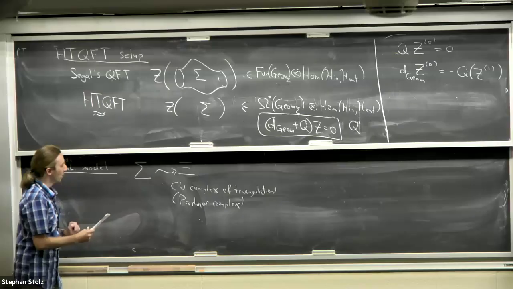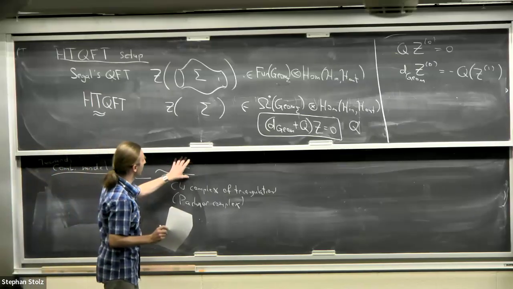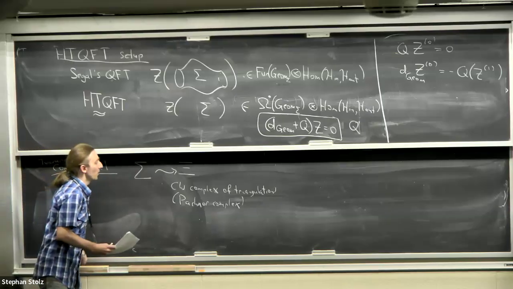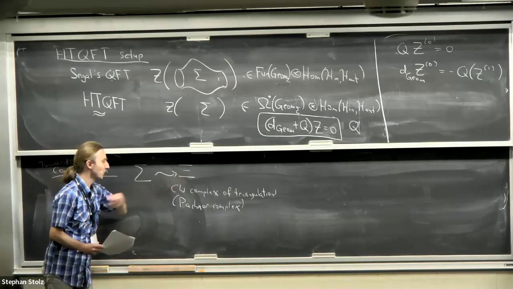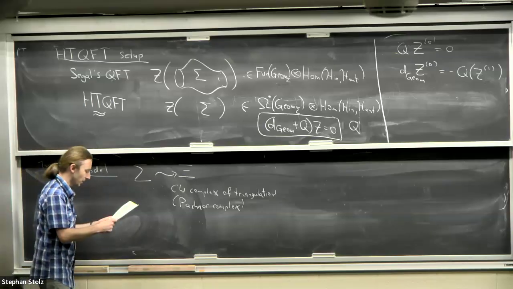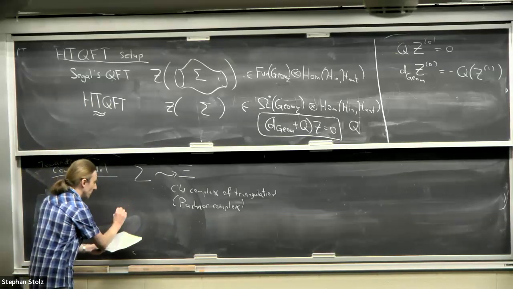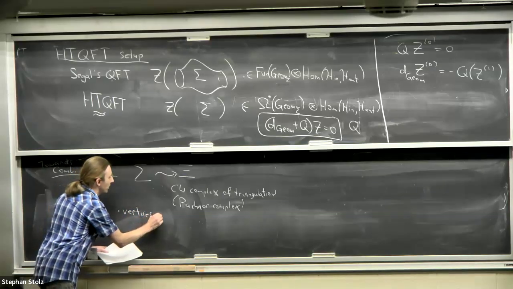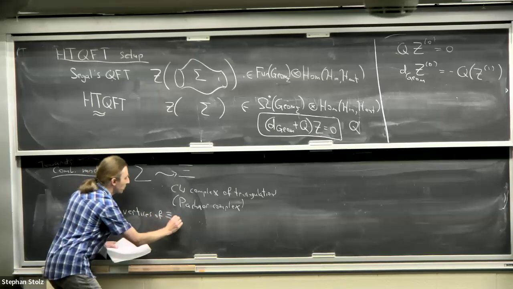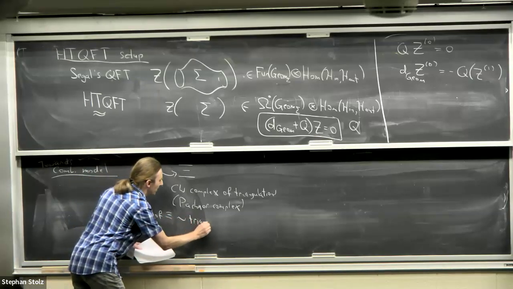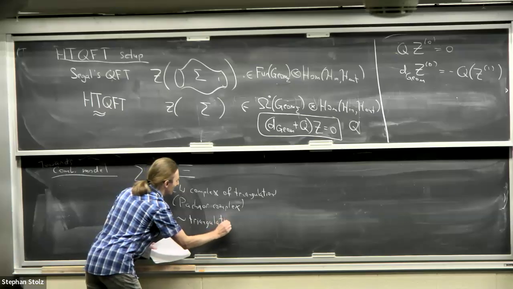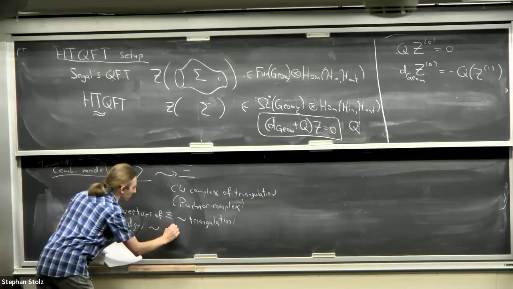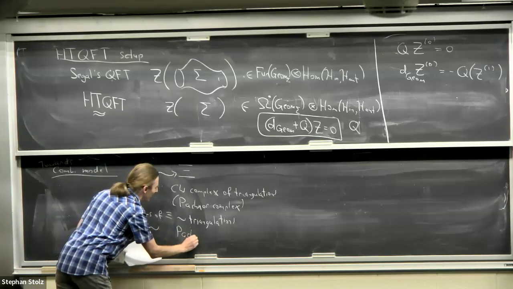So let me say more here. Understanding the details of this object is, well, we don't understand most of the details. We have some desires about what we would like it to be, and we have some partial models. But what we would like to see is that its vertices of psi correspond to triangulations of the surface, and edges correspond to Pachner moves.